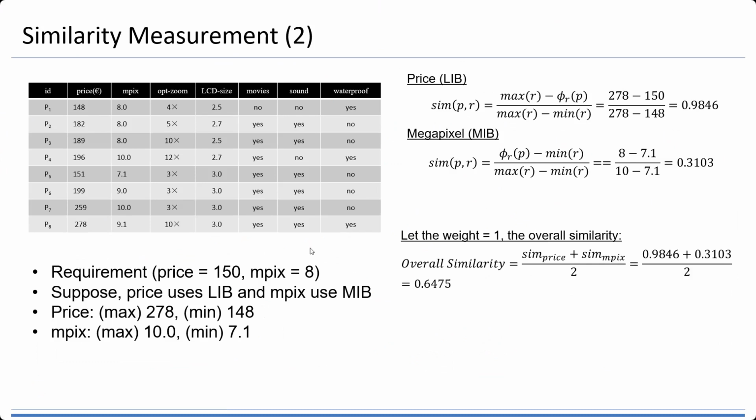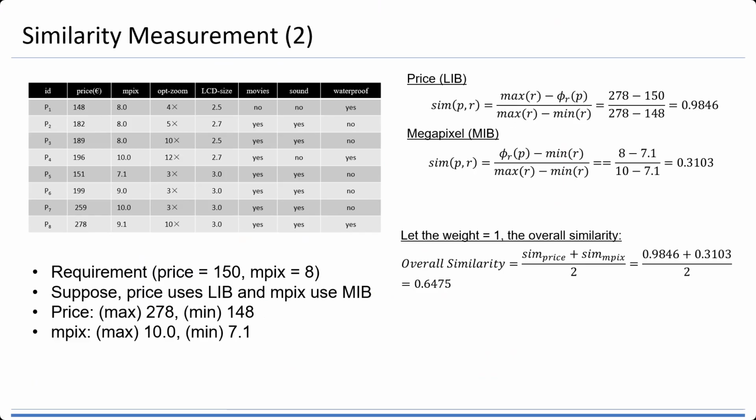Because the weight is 1, then 1 multiplied by the similarity of price, which is 0.9846, plus the similarity of the megapixel, MPix, divided by 2, divided by the weight. Then we have the overall similarity of 0.6475.